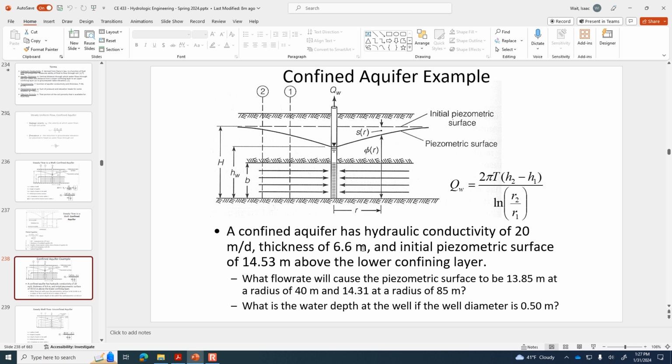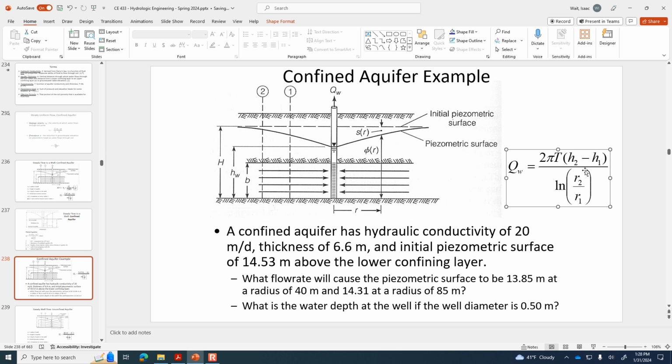We've got a well where the diameter is 0.5 meters. Is that what it says? Yeah, 0.5 meters. So that is this distance here, the diameter. And what's the radius? 0.25, just half that, right. So R equals 0.25. So in this equation, what are you going to use as the 0.25?